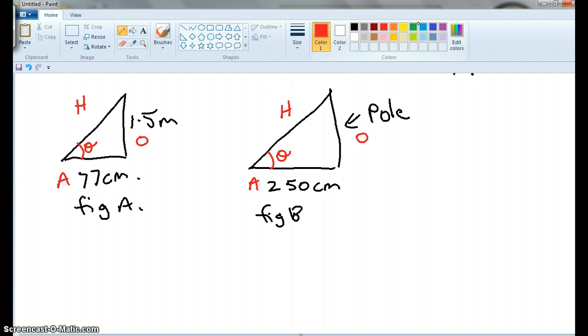Okay, so what might you write? Figure A is, what does it represent?